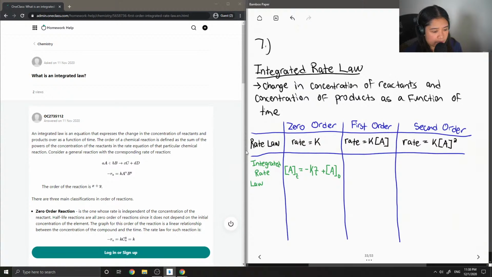So this also means your initial analyte concentration. So that's for zero order reactions.